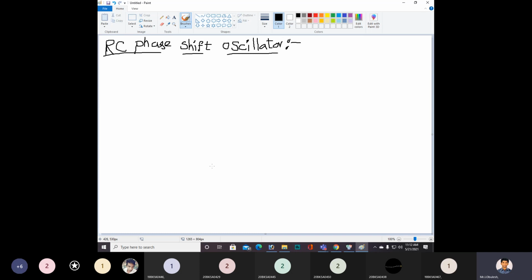First, you need to draw the diagram for the RC phase shift oscillator. For the non-inverting input terminal, you need to connect a compensating resistor R1.